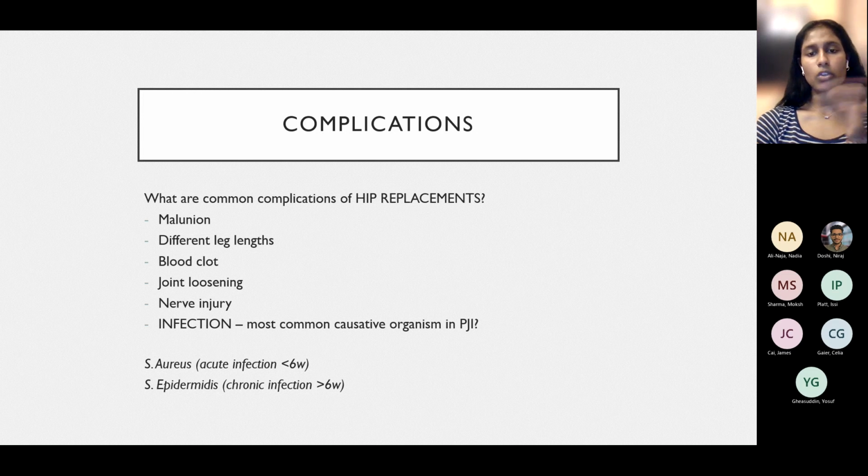But remember that some of these complications apply not just specifically to hip replacements, but to any kind of post-op surgery. These are useful things to know in any kind of OSCE scenario, common complications that can happen. But infections are a common one, especially in prosthetics. And hip replacement is a big prosthetic joint operation that it's good to apply that knowledge to.